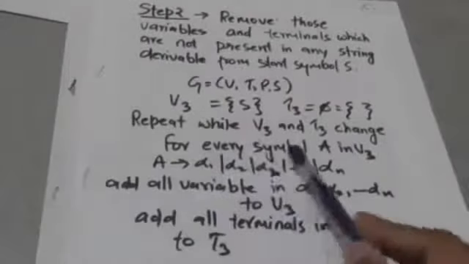For every symbol A in V3, if A derives alpha 1, A derives alpha 2, and A derives alpha 3 up to A derives alpha n, then add all variables in strings alpha 1, alpha 2, alpha 3 up to alpha n to set V3, and all terminals in strings alpha 1, alpha 2, alpha 3 up to alpha n to set T3.